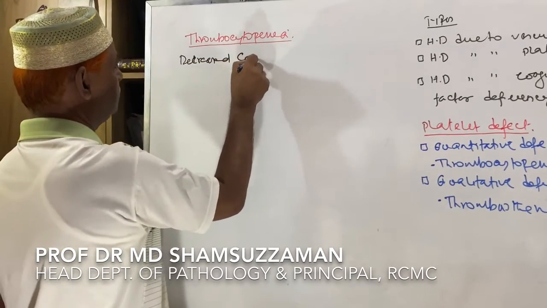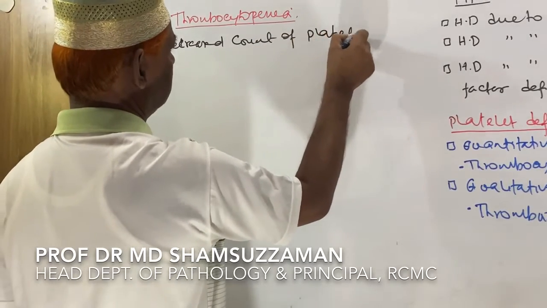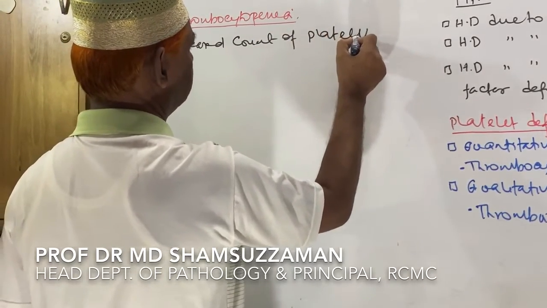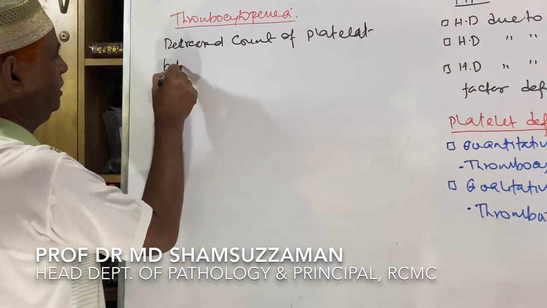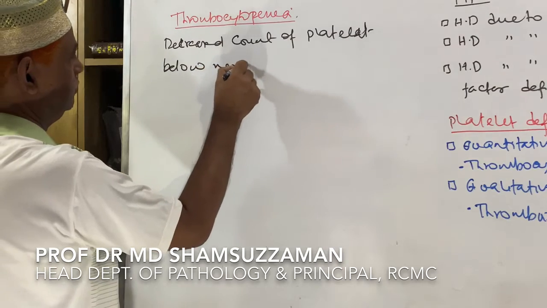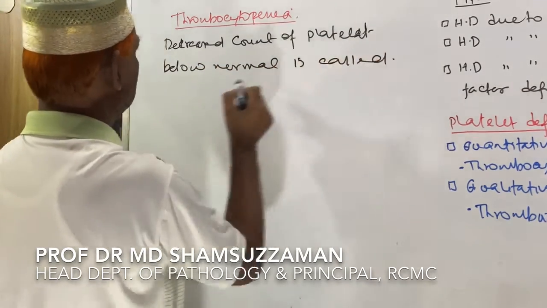Decreased count of platelet below normal is called thrombocytopenia.